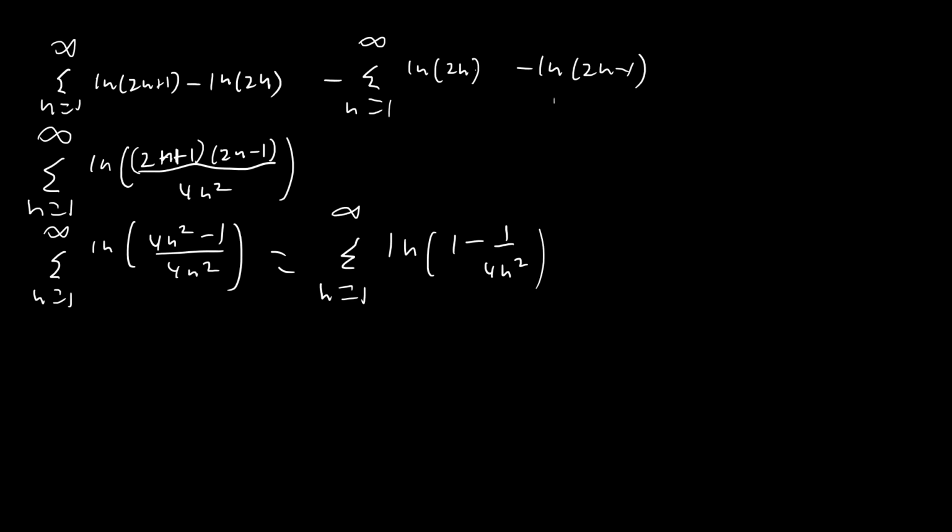Wallis product. This is often how integrals go. Yeah, so the Wallis product says that pi over 2 equals the product from n equals 1 to infinity of 4n squared over 4n squared minus 1.